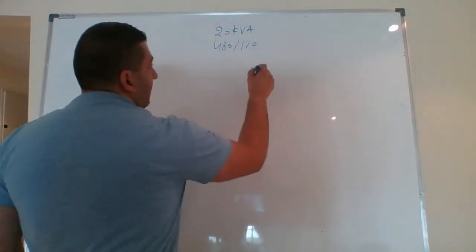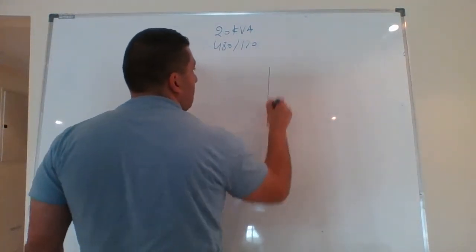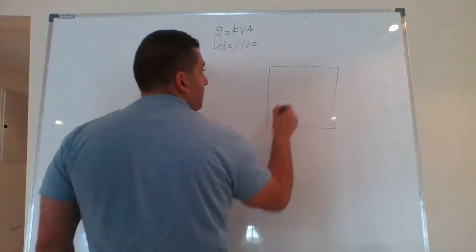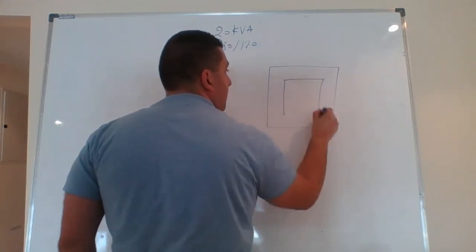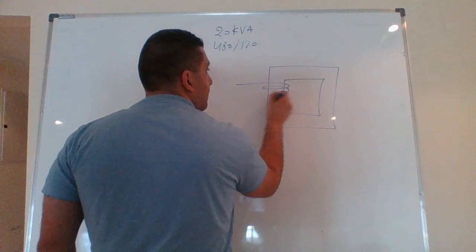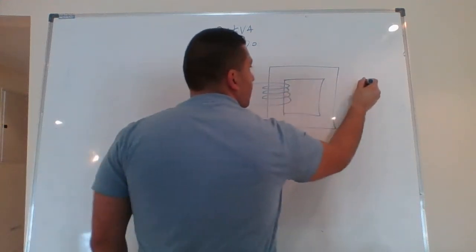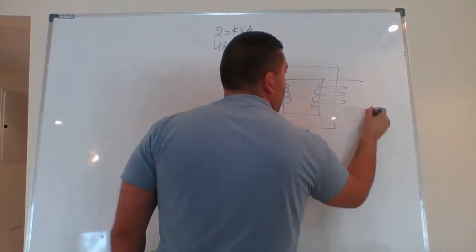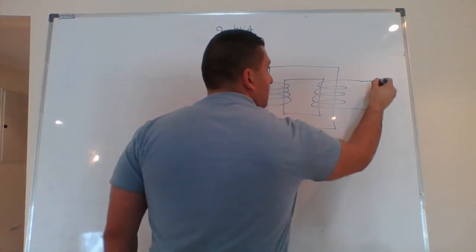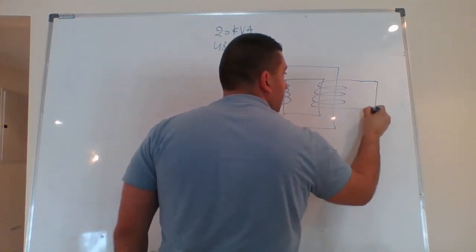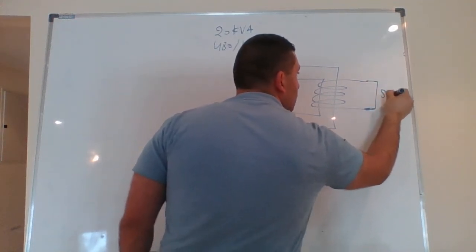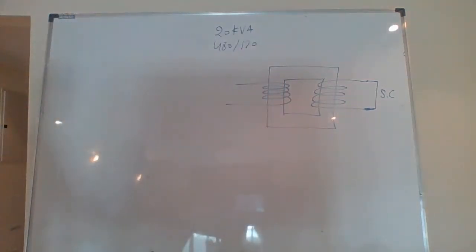So if I go back and sketch what they said on winding 2, I applied a short circuit. That's what the book said. So I applied a short circuit on the 120 volt winding.